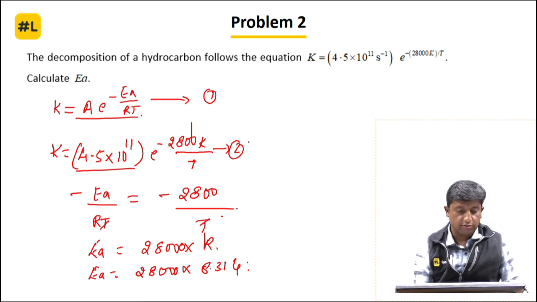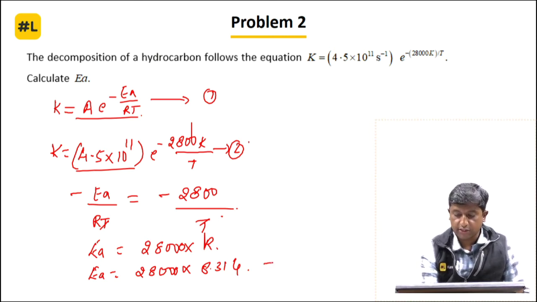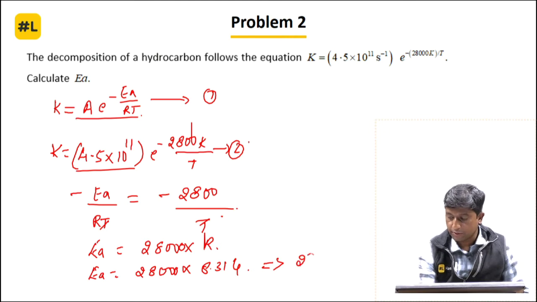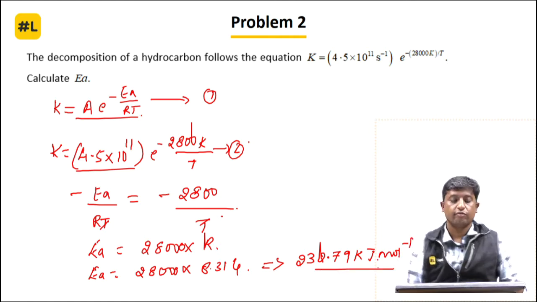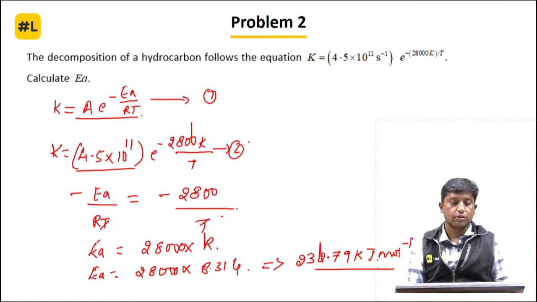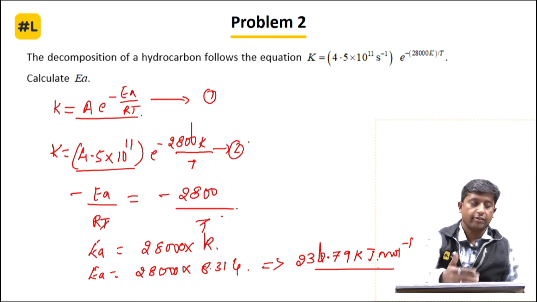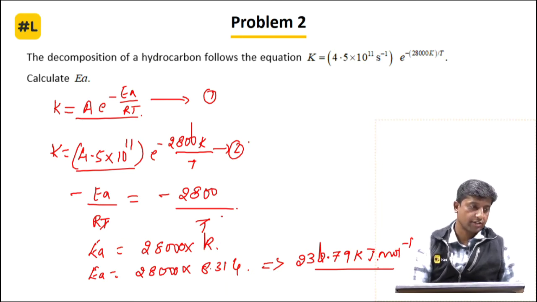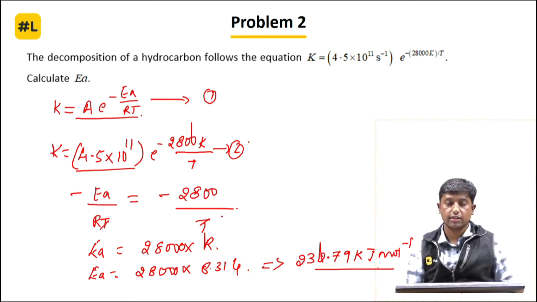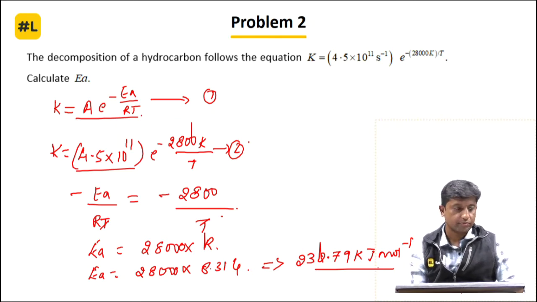If you solve this, the final answer which you are going to get will be 232.79 kilojoules per mole. That will be the final answer, student, here. So, you just need to compare the given equation with the Arrhenius equation. This is the answer for the second problem.